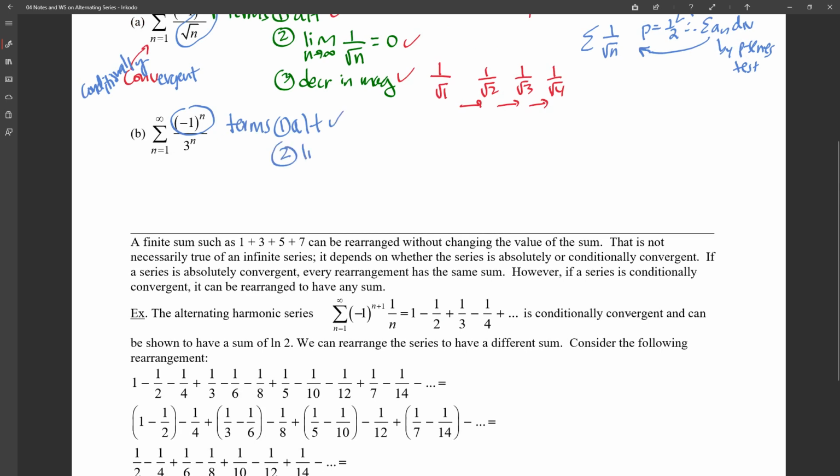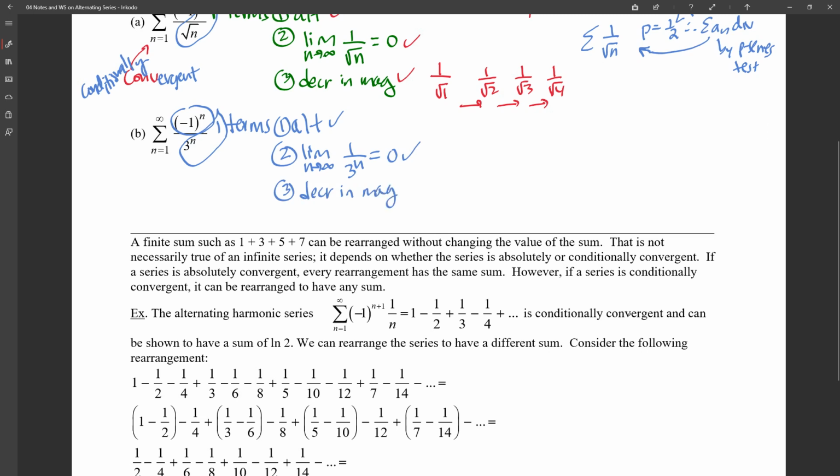2, does the limit as n goes to infinity of the a sub n, which is 1 over 3 to the n, go to 0? Yeah, as n gets bigger and bigger, the denominator gets bigger and bigger, so yes, it goes to 0. Check. Third, do the terms decrease in magnitude?